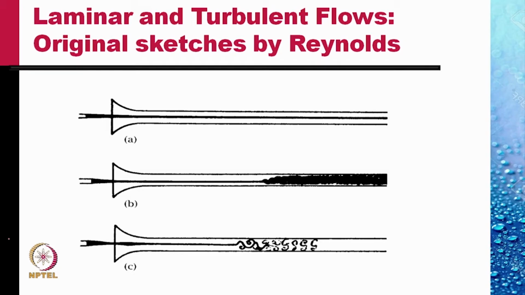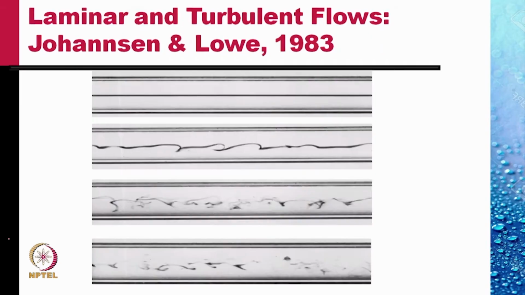But when we increase the flow speed a little bit, the ink spreads out downstream in the tube. At still higher Reynolds number, at still higher velocities, the streak of the ink is disturbed significantly, and a phenomenon known as turbulence is set up.